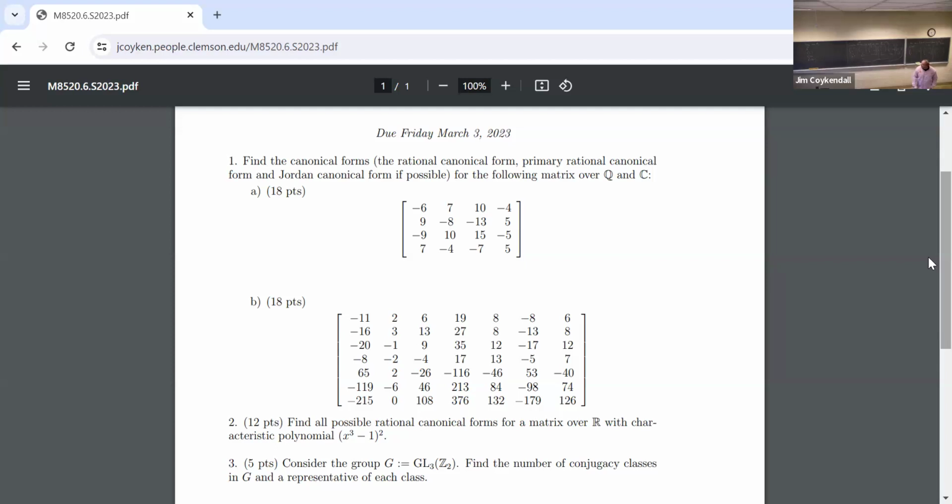Now, I did say invertible, right? So only 2 of those polynomials work. Can you tell me which 2 don't work and why they do not work? X squared and x squared plus x don't work because they have 0 as a root.